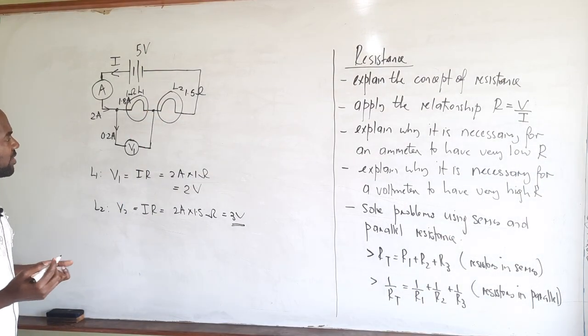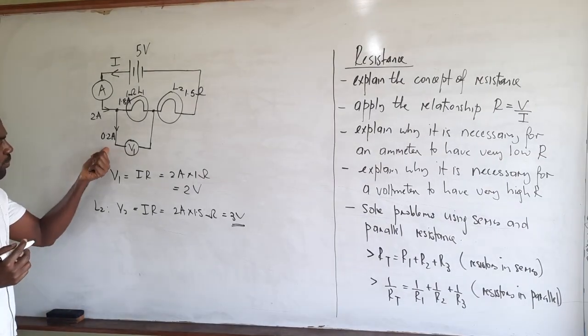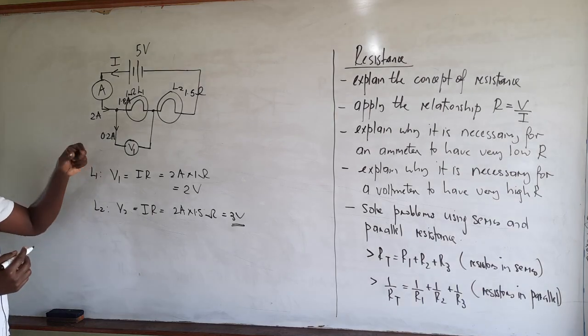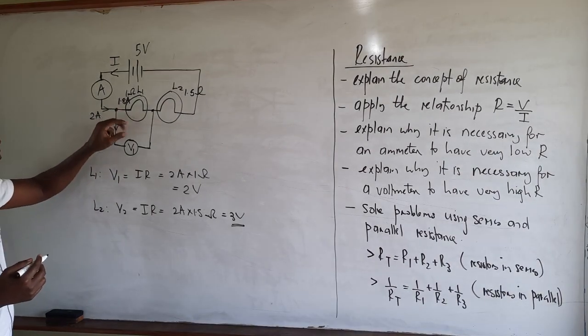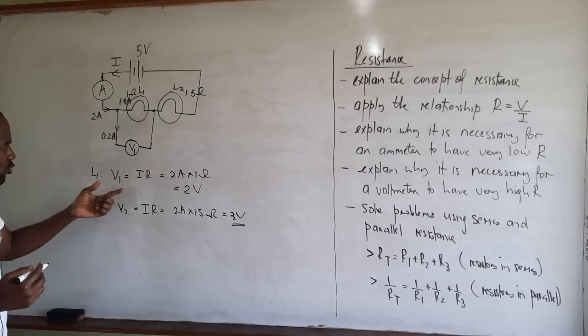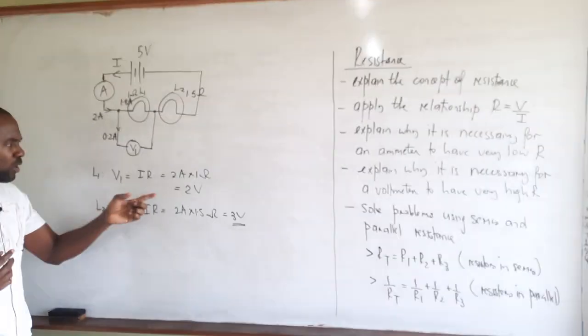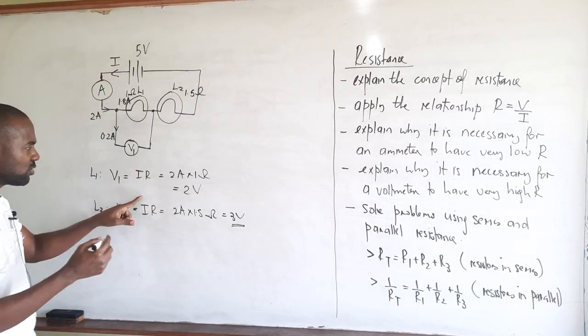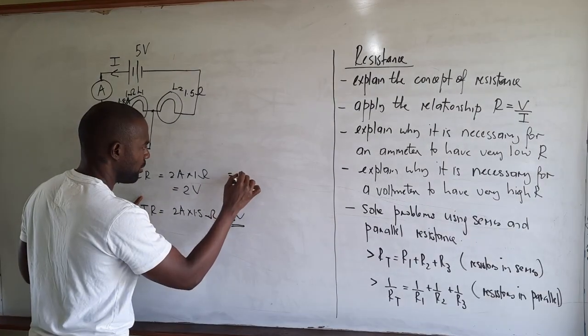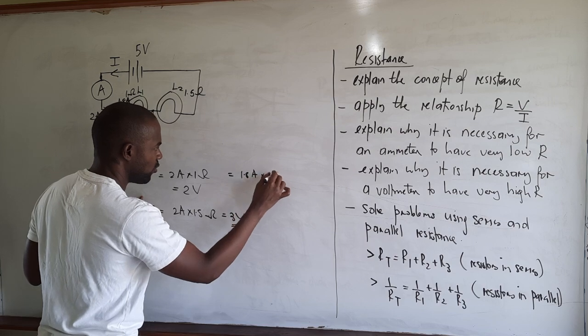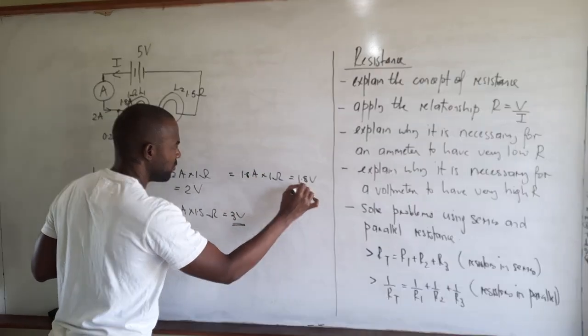So if the voltmeter is pulling even a small current, let's say roughly 0.2 amperes, it leaves 1.8 amperes to flow to these lamps. If we were to redo these calculations using 1.8 amperes, then this one will be 1.8 amps times 1 ohm, which gives us 1.8 volts.